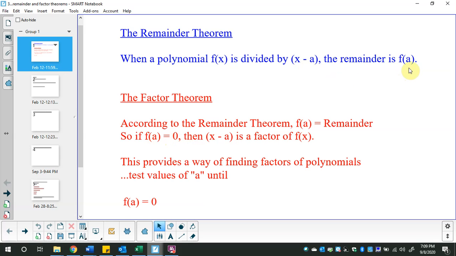When you substitute that number into the polynomial and you get a number that is not 0, it's called the Remainder Theorem because you will end up with a remainder. If you substitute that number in and it gives you 0, that means there is no remainder, which means it divides in evenly, and a fancy way of saying that something divides in evenly is it's a factor, which is why factoring is so important.